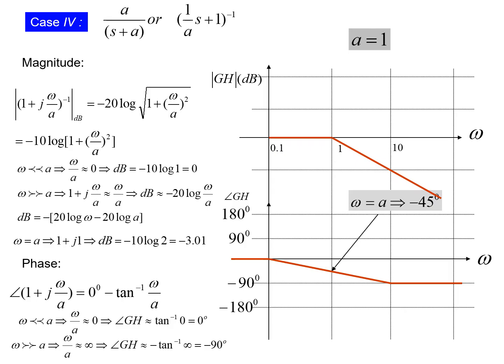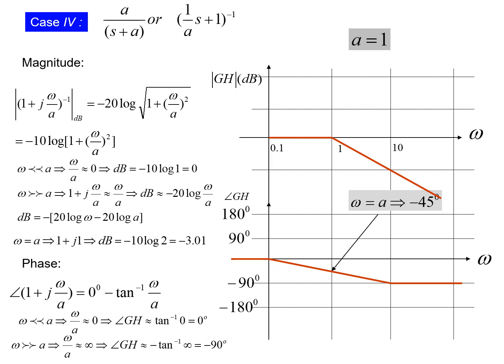In this case, if omega is less than a, then omega per a is approximately 0, and the dB is minus 10 log 1, which equals 0 dB.